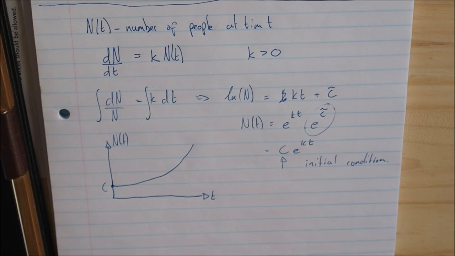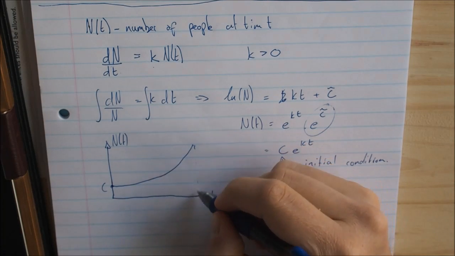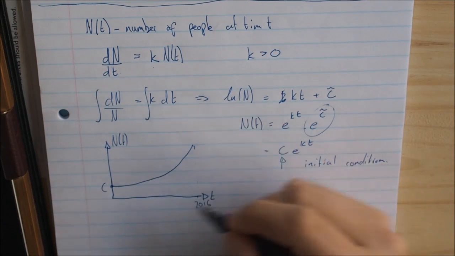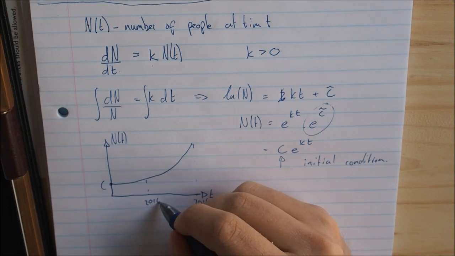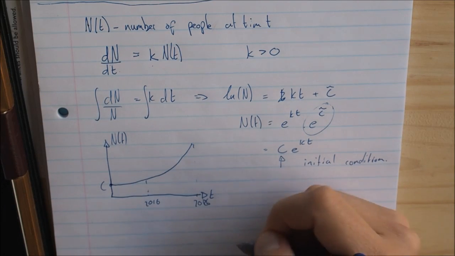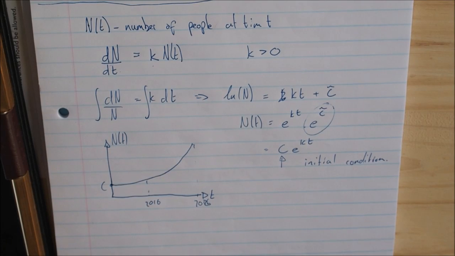Now's the time where we question the validity of the model. Is the model valid? What happens if t goes on for a very long time? We're in 2016 now. So if this is time 0, if this is year 0, what happens at year 2016? In 20 years, how large will the population be?